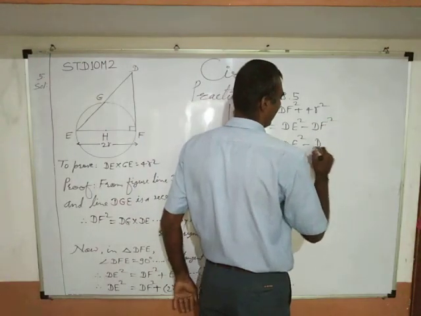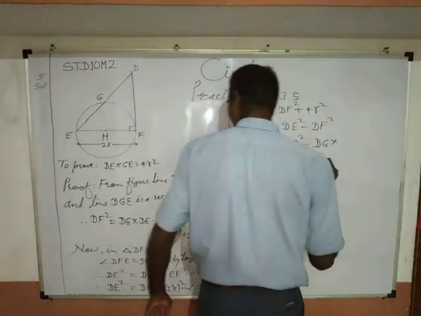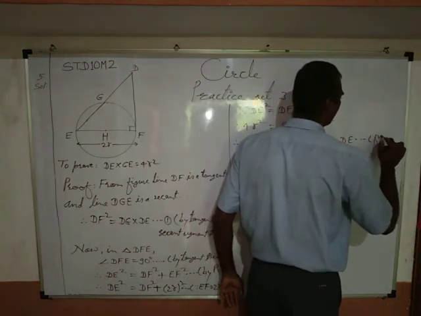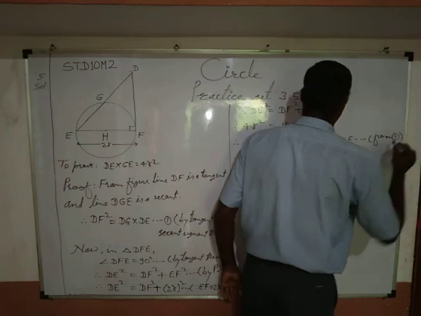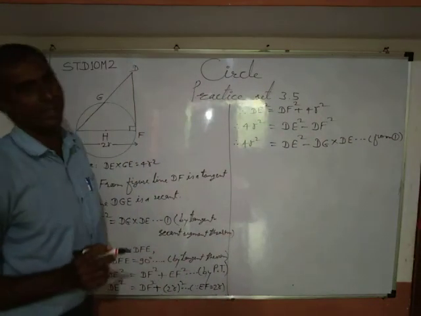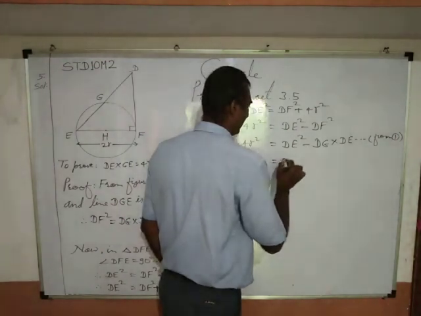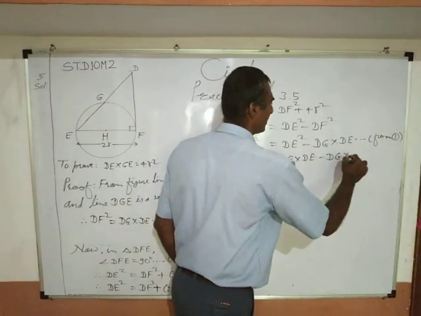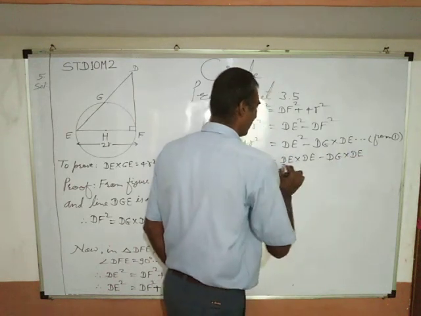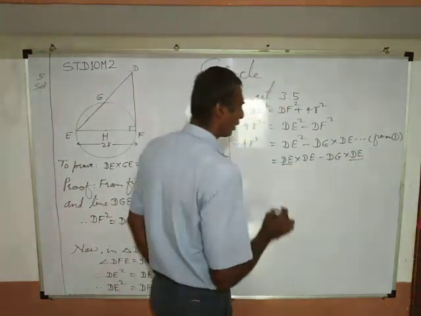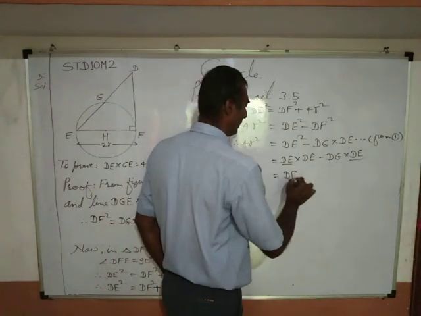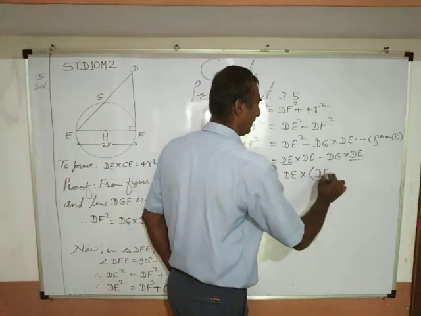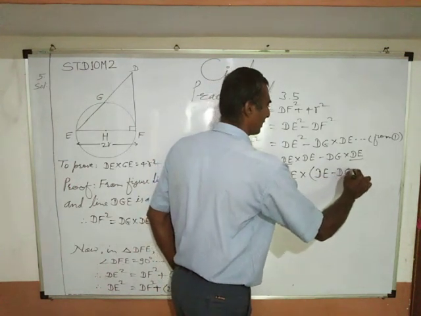DG into DE from equation 1. DE square means DE into DE, equals DE into DE minus DG into DE. We take DE common, therefore it will be DE into, in brackets, DE minus DG.